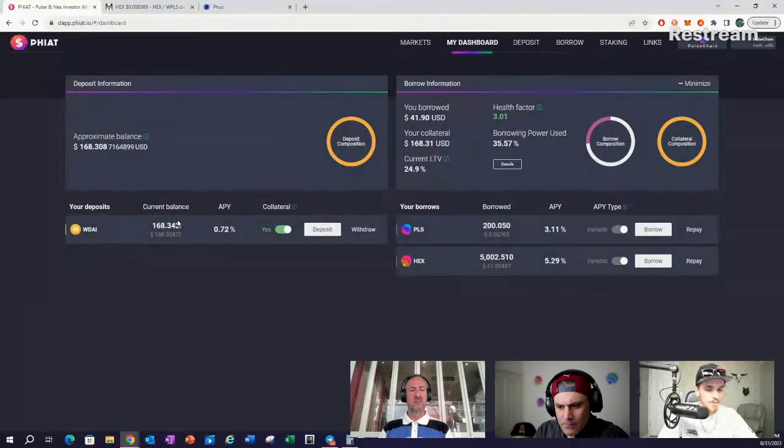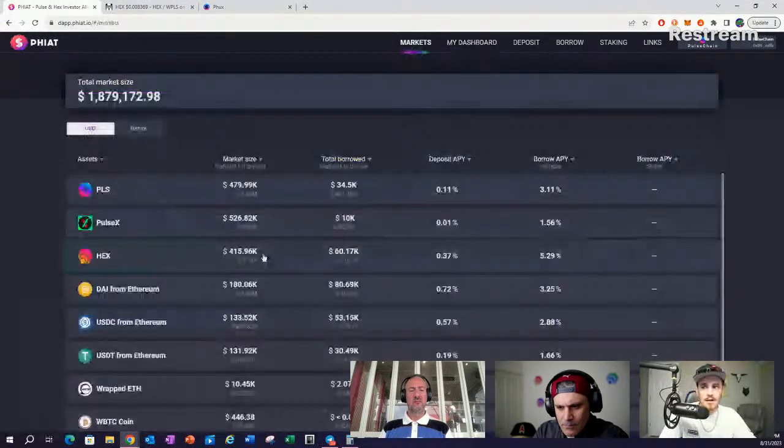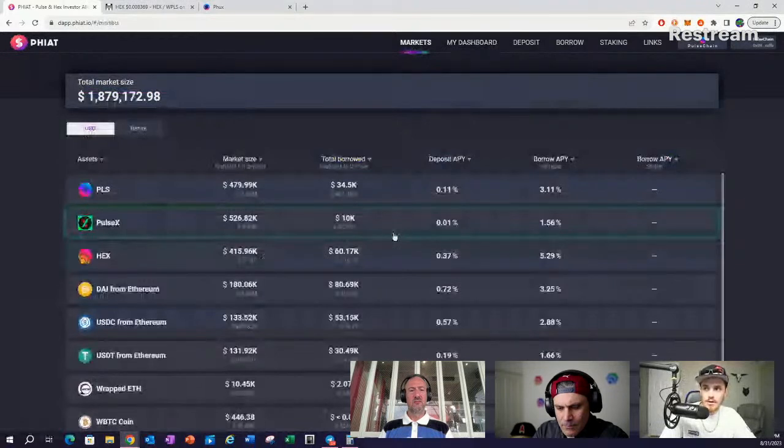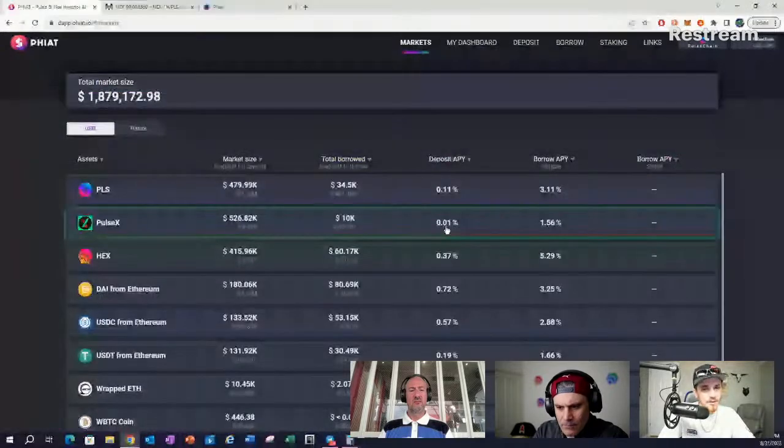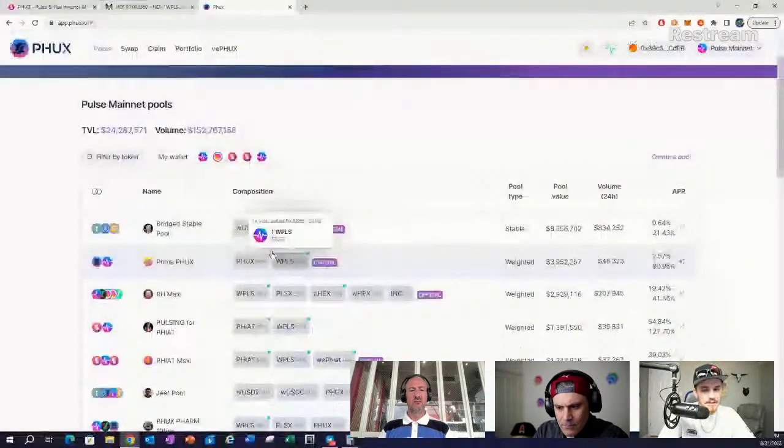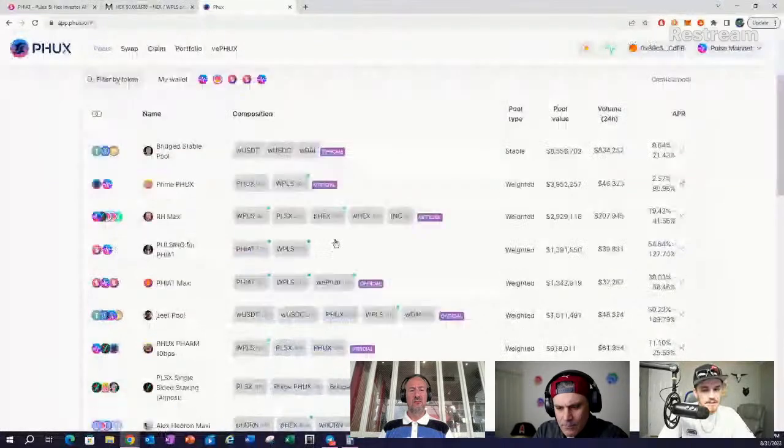Perhaps you would be inclined to deposit on Fiat, then borrow PulseX, and then deposit that into the almost single-sided staking pool on PulseX, which is paying between 45% and 112% APY.